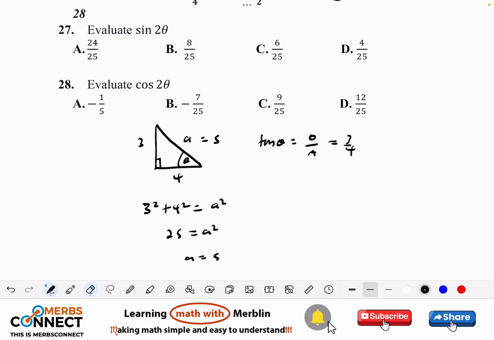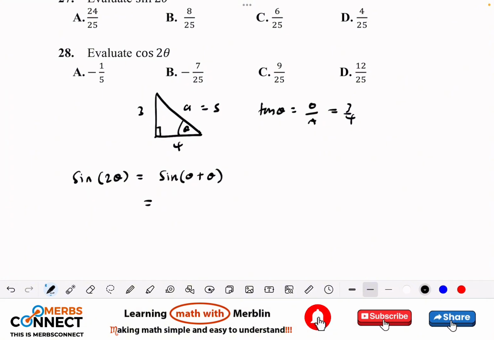So since A is 5, now we can find sine 2 theta. What is sine 2 theta? Sine 2 theta is the same as sine of theta plus theta. And what is the expansion for this? This is the same as sine theta cos theta plus cos theta sine theta. So what is sine theta? Sine theta is opposite over hypotenuse, so we are going to have 3 over 5.